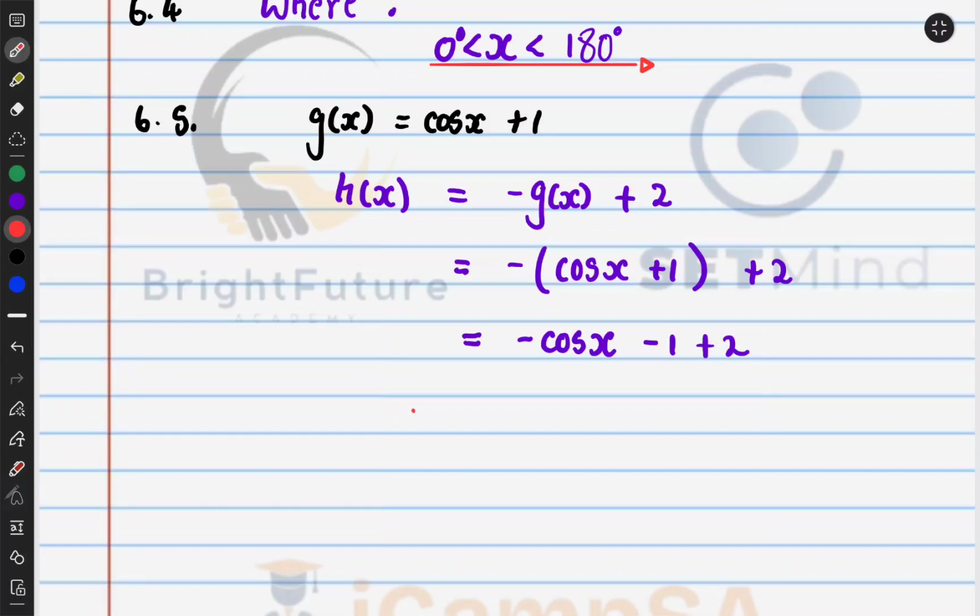Therefore the new equation for h at x will be negative cos x, minus 1 plus 2 is gonna be plus 1. That's the new equation for the graph of h.